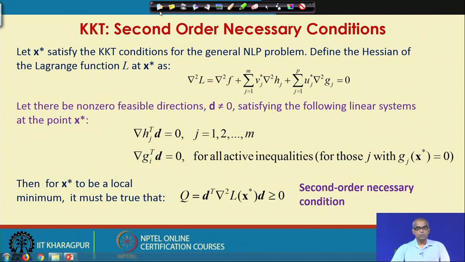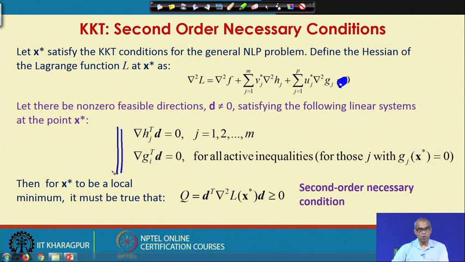So, the second order necessary conditions are as follows. You first define the Hessian of the Lagrange function L at x star. Let there be a non-zero feasible direction d which satisfies grad h times d equal to 0 and grad g times d equal to 0 for active inequalities which are satisfied as g equal to 0.